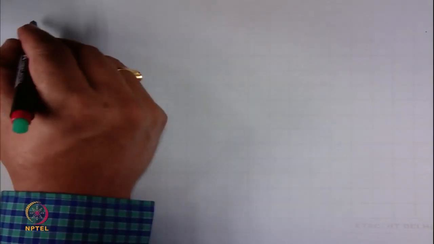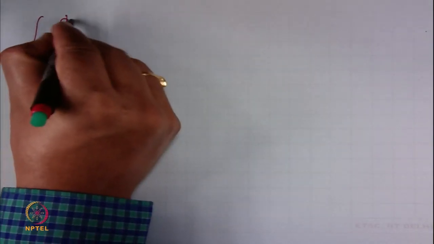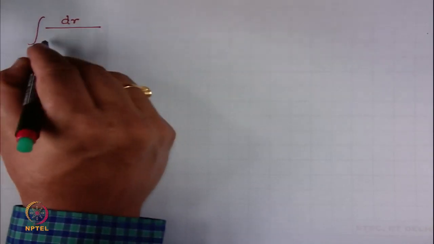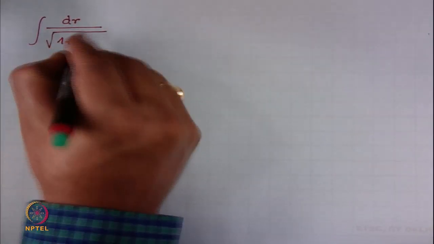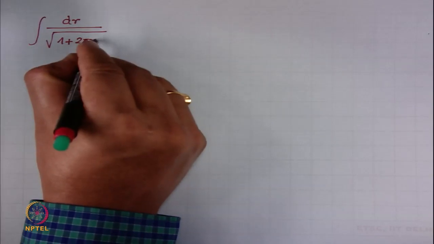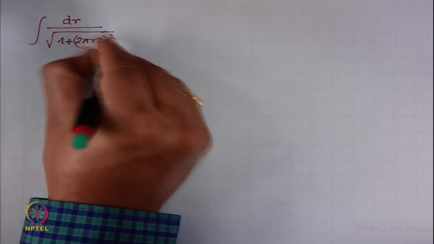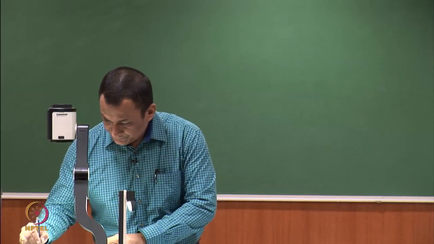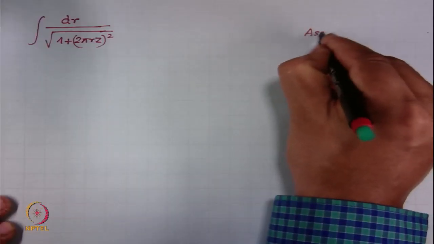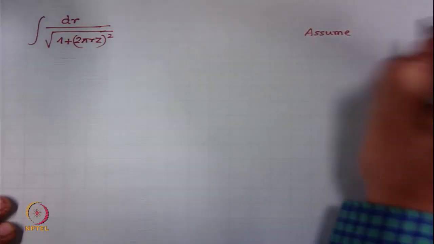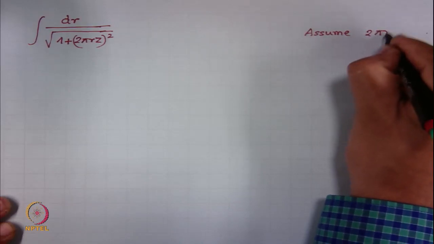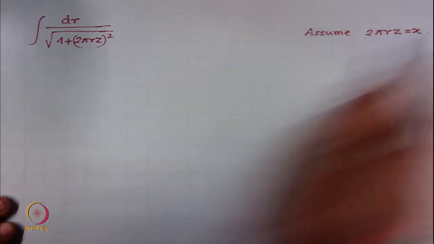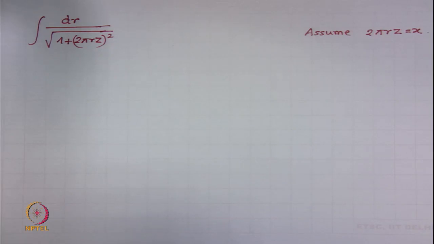So, integration dr by root over 1 plus 2 pi r into z square. How to integrate this? Let us assume two pi r into z is equal to x. So, integration by substitution.